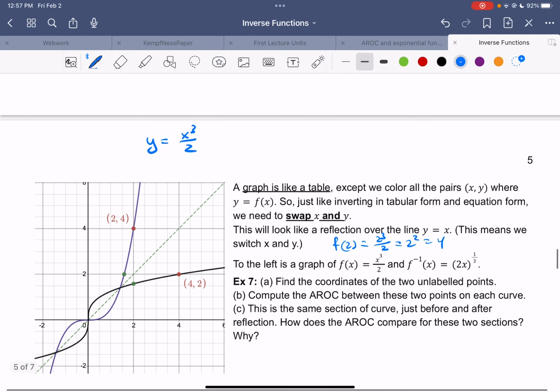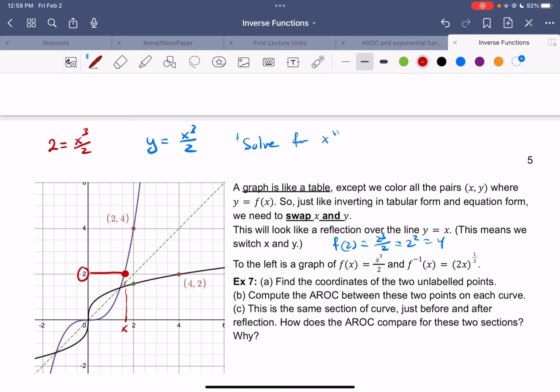What solve for x is saying is if you start somewhere, for example, let's start at y equals 2, I'd go until I hit my graph, and then I'd figure out what x value got me to y equals 2. And what that looks like algebraically is I plug in 2 for y, and I solve for x.